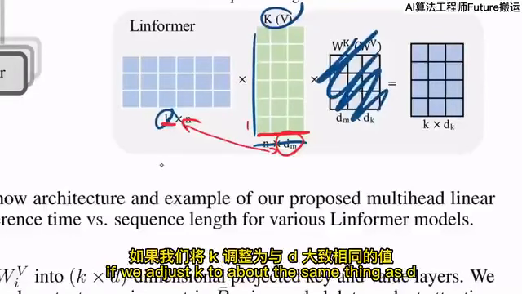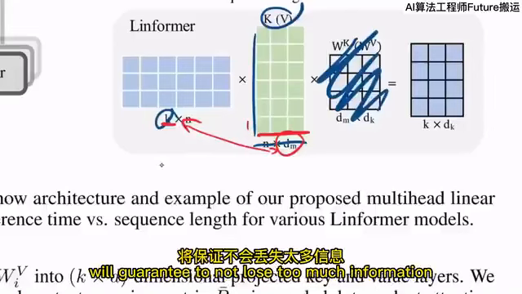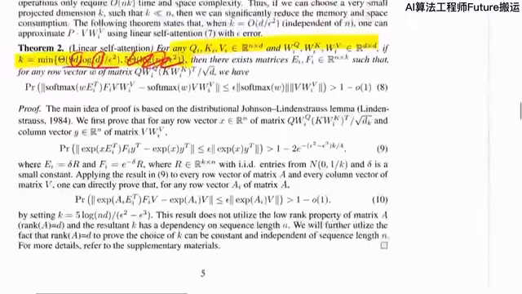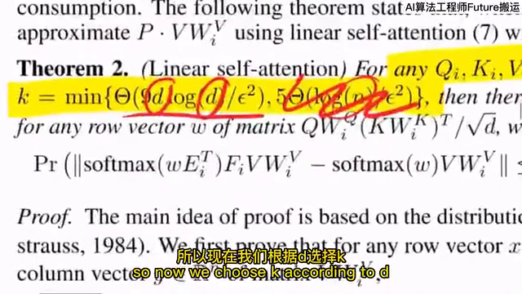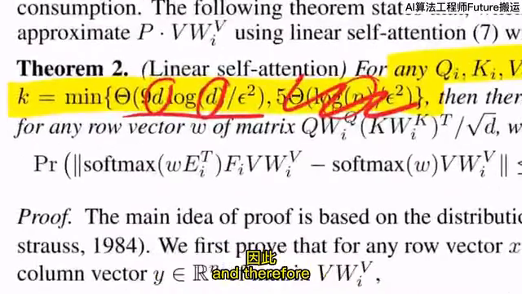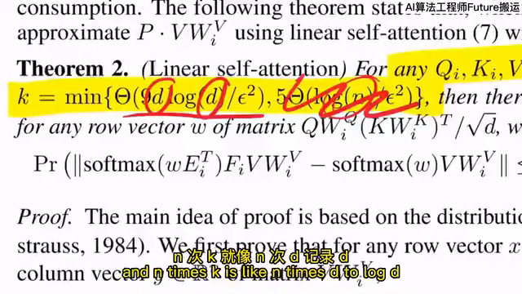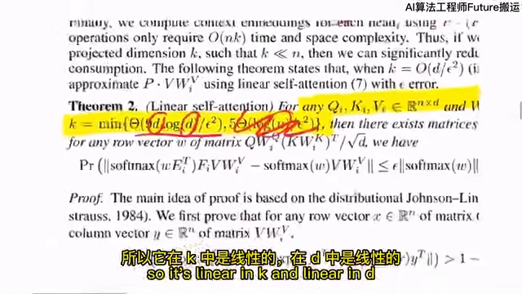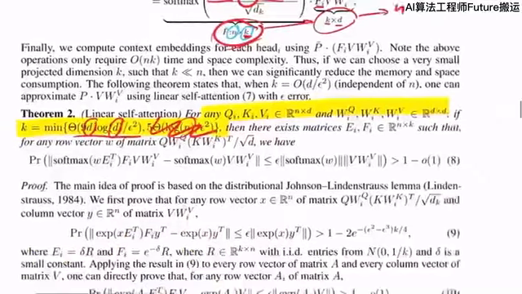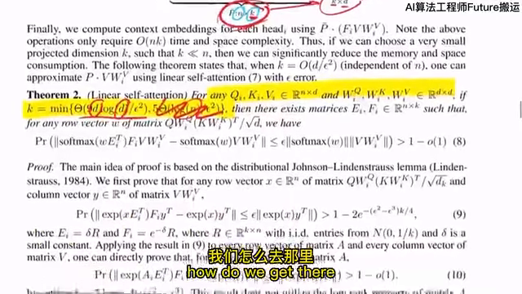If we adjust k to about the same thing as d, we're guaranteed to not lose too much information. So now we choose k according to d instead of according to n, and therefore the computation is linear in n. And n times k is like n times d log d. So it's linear in n and linear in d. How do we get there?